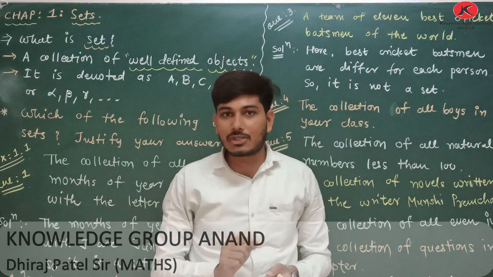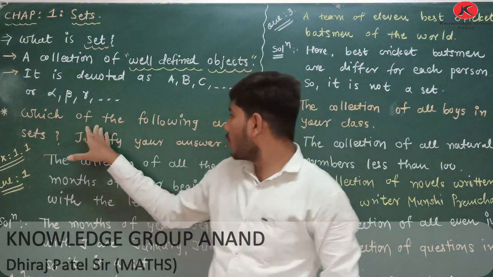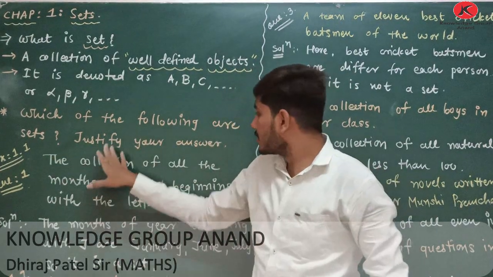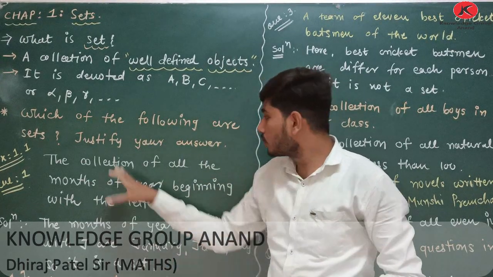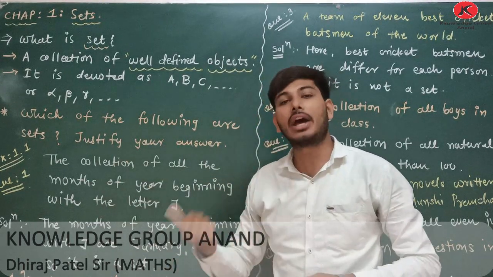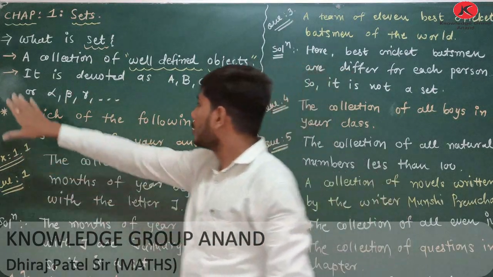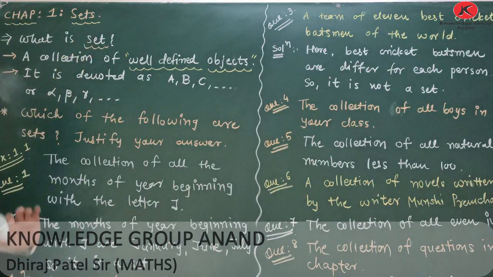In exercise 1.1, question number 1 is, which of the following are sets? Justify your answer, which means you have to give the reason for your answer. Now the important topic for sets is how a set is denoted.